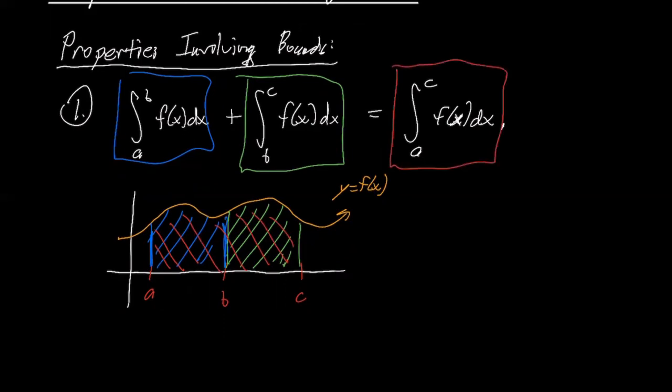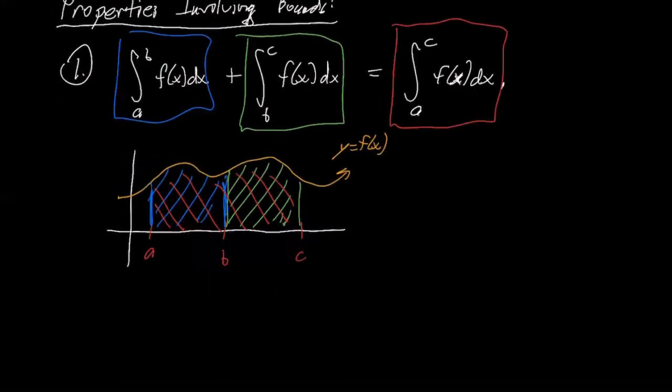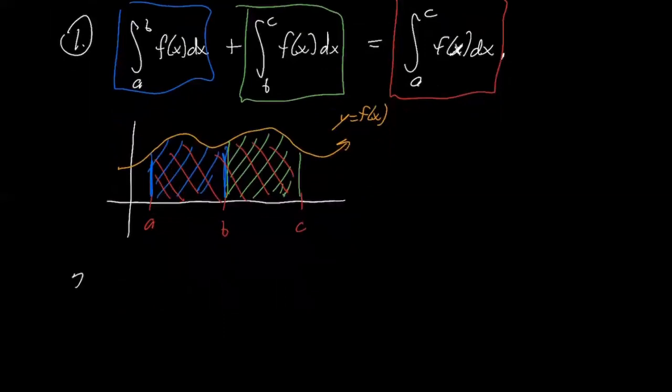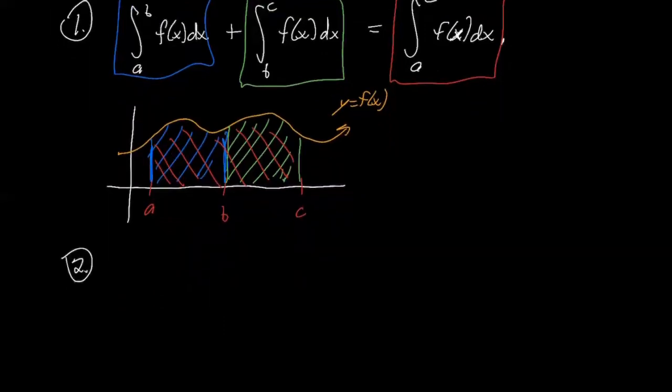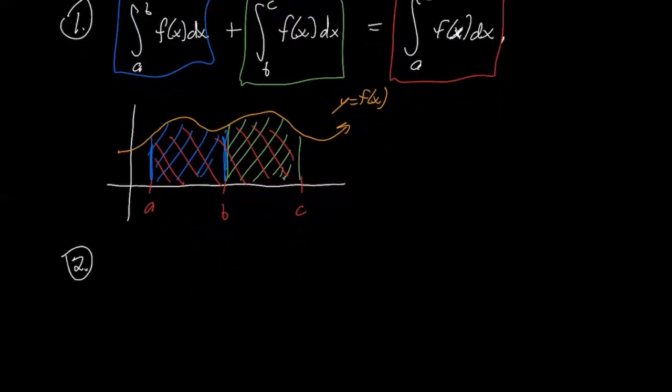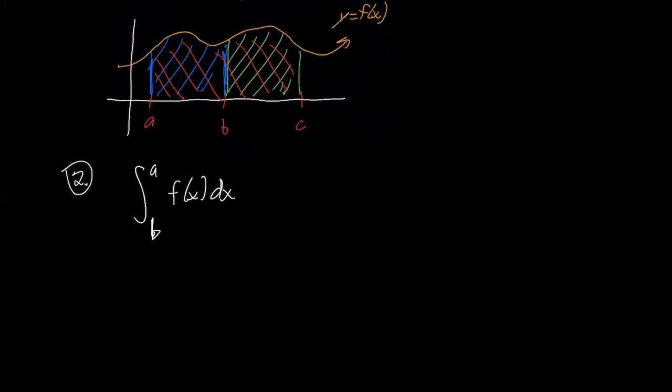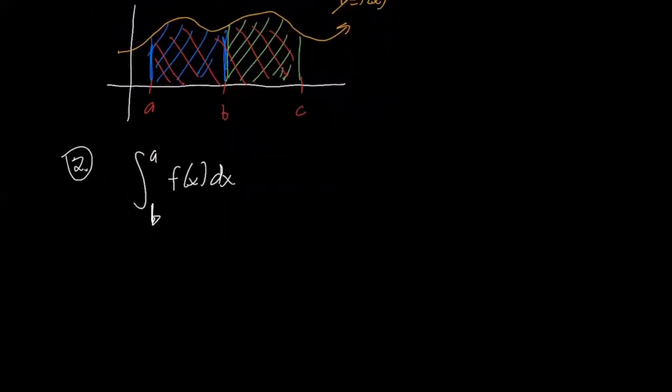All right. So the second one, it's a little bit different. What if we wanted to integrate, instead of from a to b, from b to a, f of x dx? Well, let me draw maybe a number line.